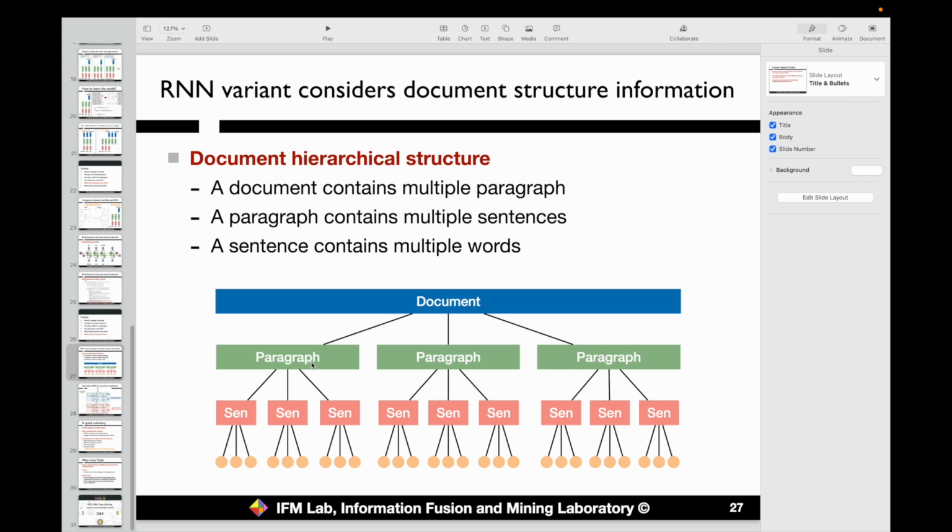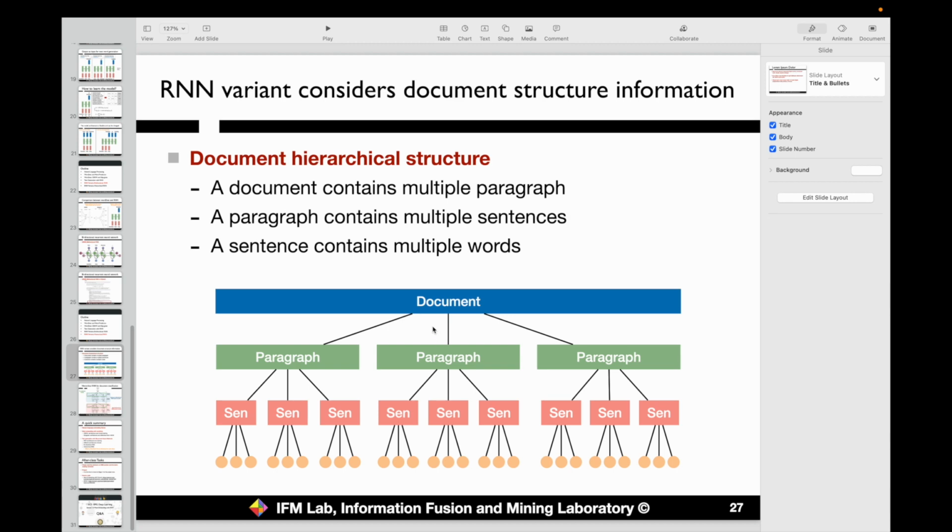For example, one paragraph denotes some reasons for an event, and you illustrate the result of the event at the very end instead. Even though in the organization of the article they are very far away from each other, from a logical perspective these two paragraphs are probably much closer to each other than the others. Therefore, to capture such structure among different paragraphs or different sentences in the documents, we need to consider this hierarchical structure of documents in learning.